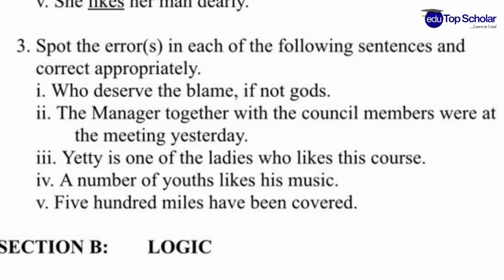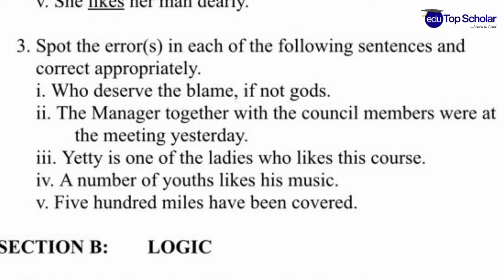Now, number 5, the last sentence, we have 500 miles have been covered. Okay? When you have measurements, whatever number you mention with the measurement, even if you mention 1 million miles, it is still a singular subject.